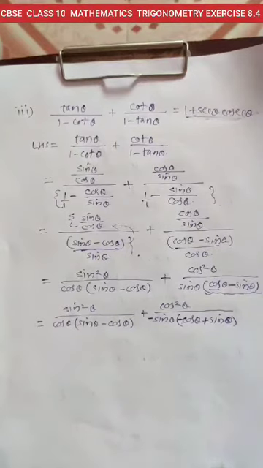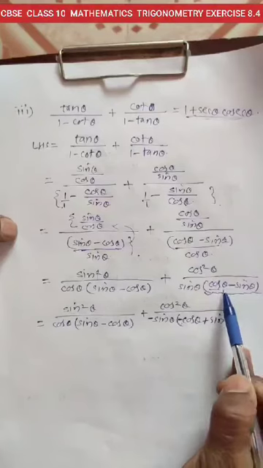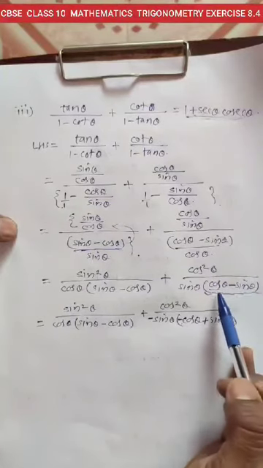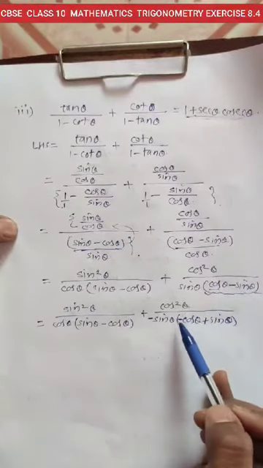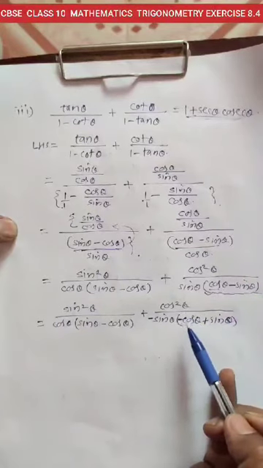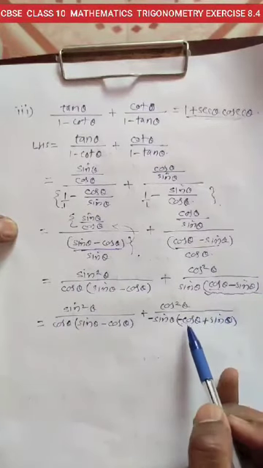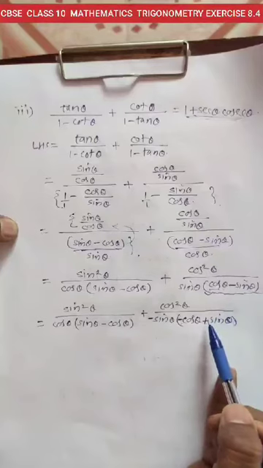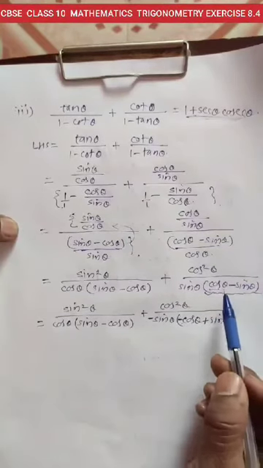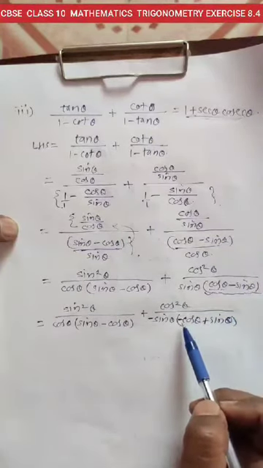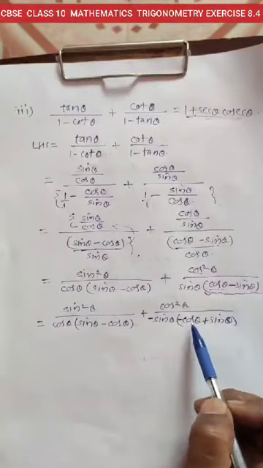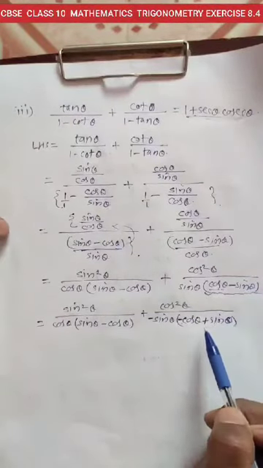So this is a change. Here in this bracket we take the negative sign as common. When we take the negative sign as common from the bracket, then the positive terms in the bracket get converted into negative and negative terms get converted into positive. So here cos theta is positive, after taking the negative sign as common it will be negative, and minus sin theta is converted into positive.